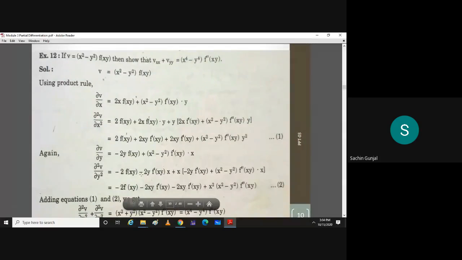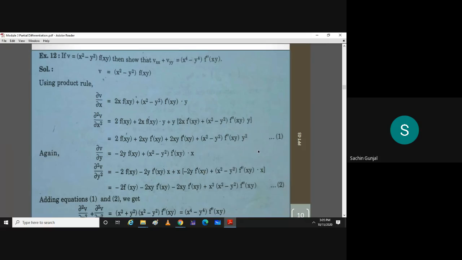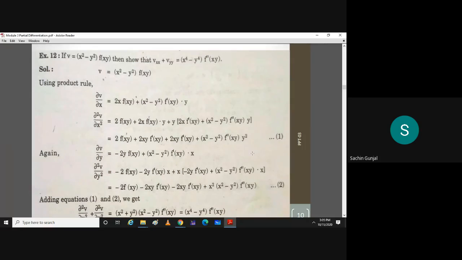Then minus 2y as it is, the derivative of f of xy with respect to y is f dash xy into x, because the derivative of xy with respect to y is x, plus this x as it is, apply the product rule for these two functions. So minus 2y into f dash xy plus x square minus y square as it is. The derivative of f dash xy is f double dash xy into x.